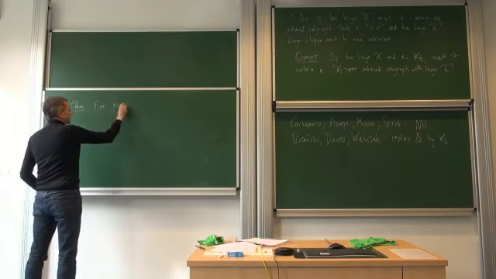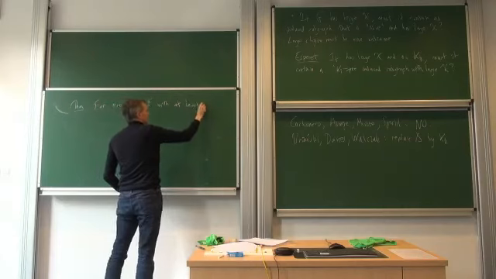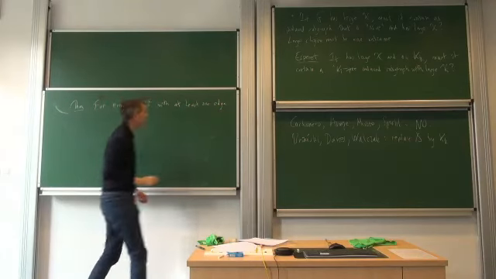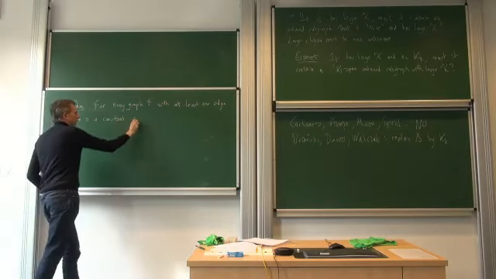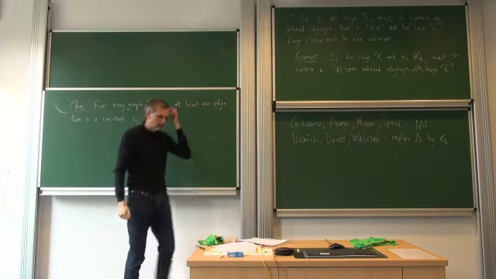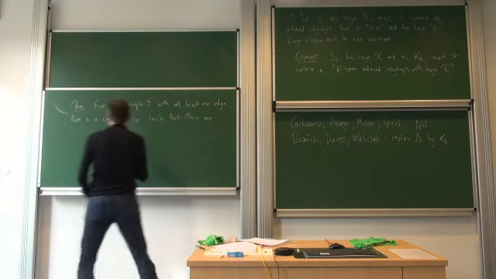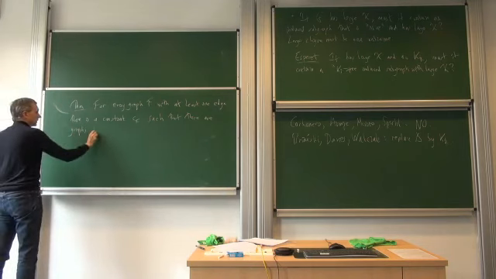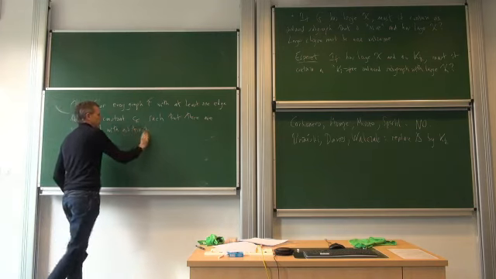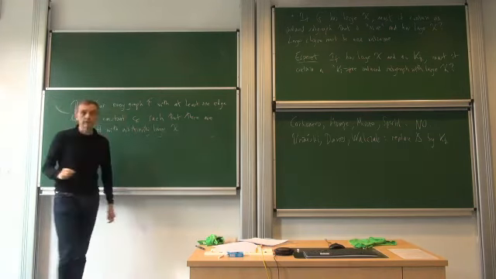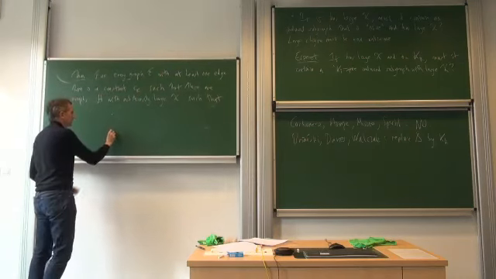So for every graph F with at least one edge, the trivial case aside, there's a constant such that there are arbitrarily large graphs H of arbitrarily large chromatic number, such that two things hold.